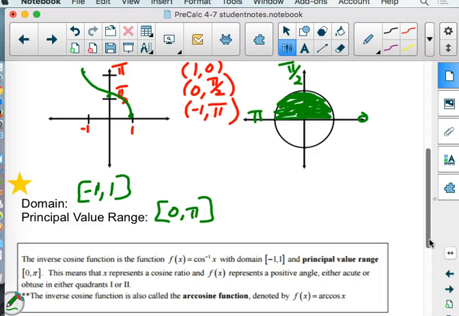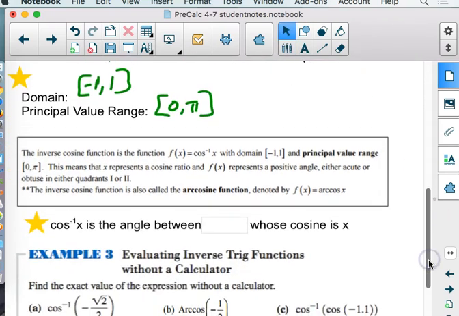So when you do this, you need to think, okay, gotta be in the PBR, gotta be in the PBR. This one is 0 to pi. And go through that. So down here it says the inverse cosine function is the function f of x equals the inverse cosine of x with a domain from -1 to 1 and a principal value range from 0 to pi. This means that x represents a cosine ratio, f of x represents some positive angle, either acute or obtuse, in either quadrant 1 or 2.